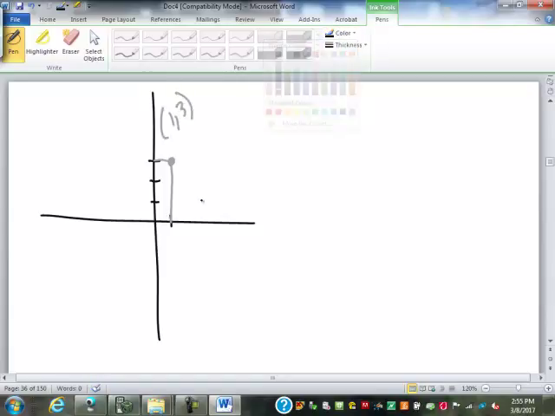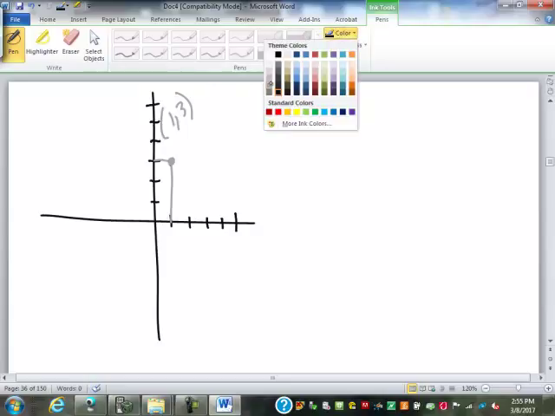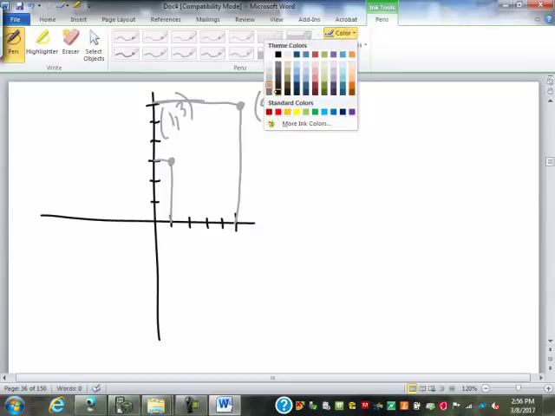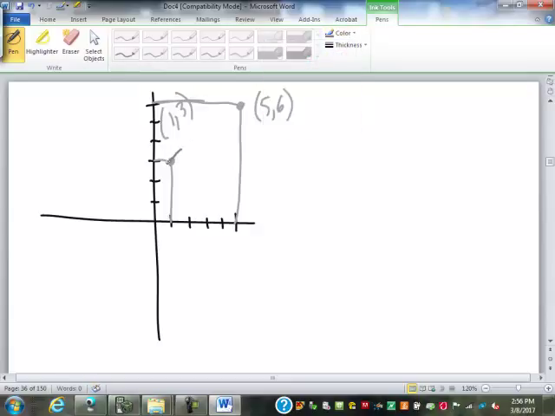And if we have a second point here, what's the coordinate of this point? 5, 6, okay? So our line goes through those 2 points.